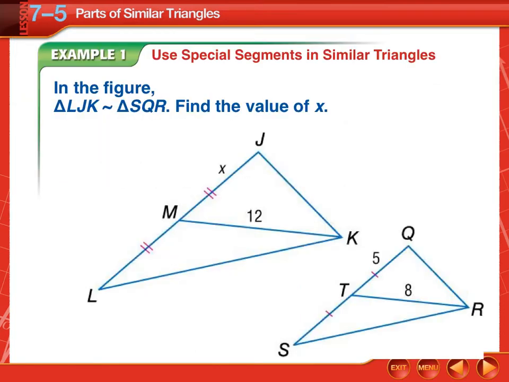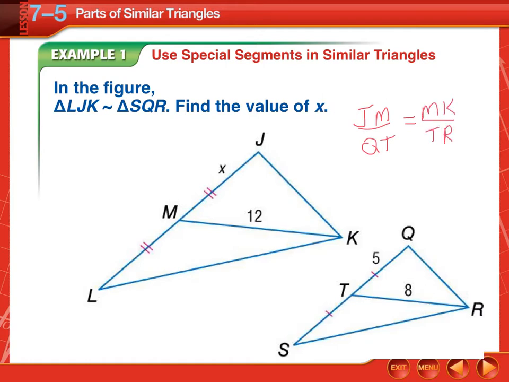Okay, let's see the theorems. So here we have two similar triangles with medians drawn, and we just learned that those medians are going to be proportional with the sides. So let's take a look at JM is to QT as MK is to TR.